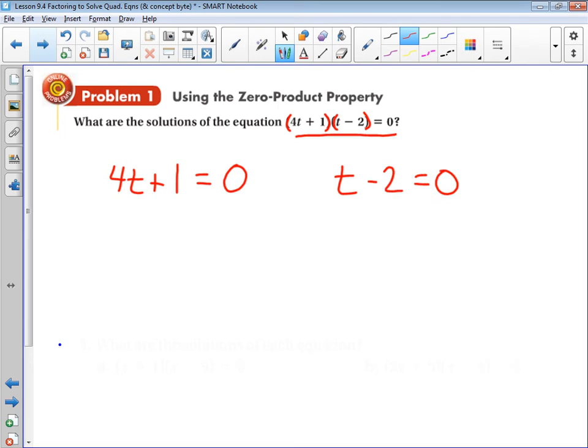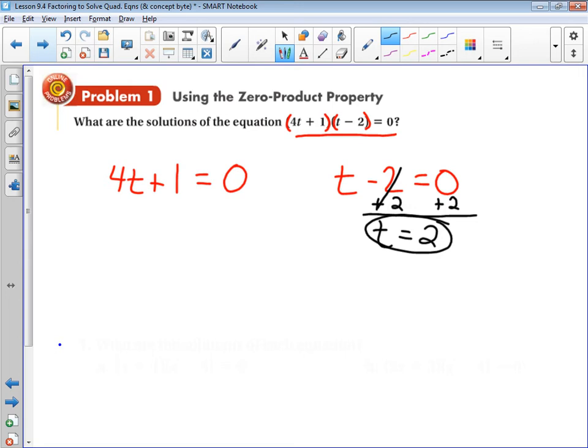Well, all you have are two simple equations that you can solve. 4t plus 1 equals 0, t minus 2 equals 0. I'm going to start with the easier of the two, the t minus 2 equals 0. To solve this, you add 2 to both sides, and you get t equals 2.